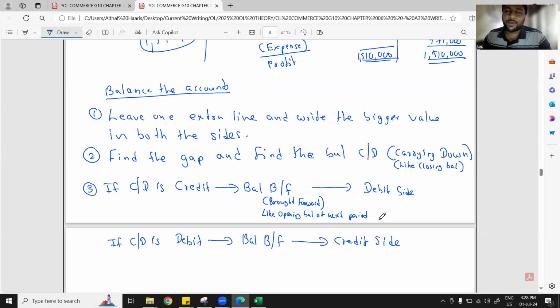I am sleeping for 1 minute and I am again waking up on 1st January after a minute. I am checking my wallet. Still I will have how much? Yunus? Same 10,000. So the closing balance this year is the opening balance next year. Closing balance this month is the opening balance next month. Is that clear, Yunus?